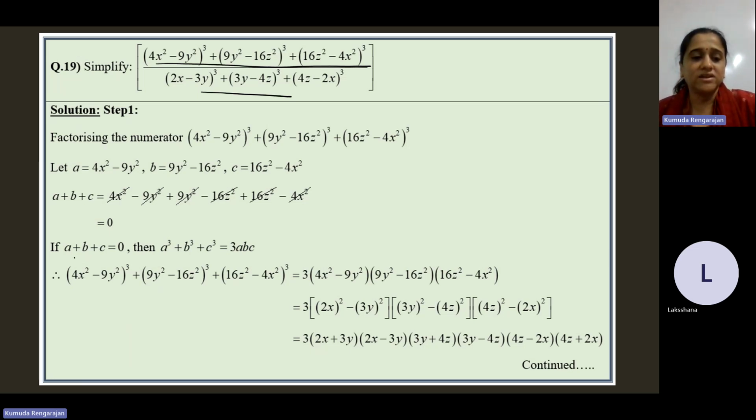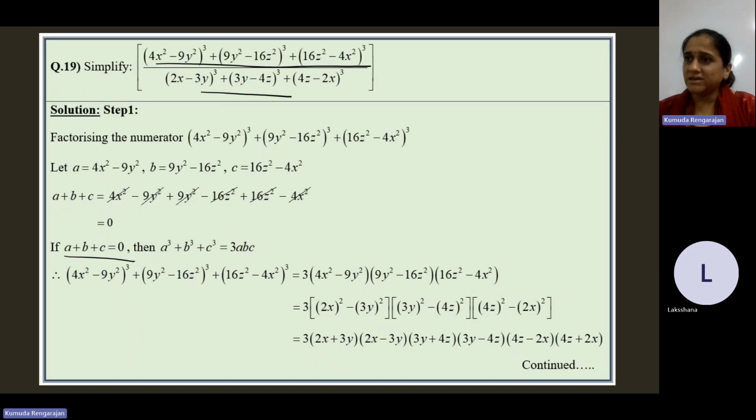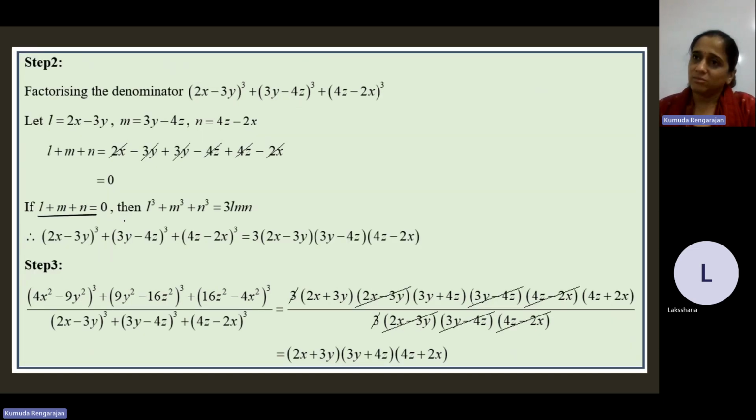I have written the identity using ABC for the numerator and LMN for the denominator. Yes, it's the same. If you can use PQR here, that's fine.